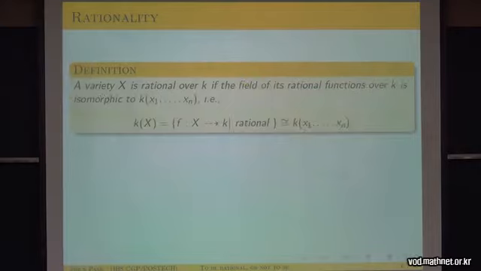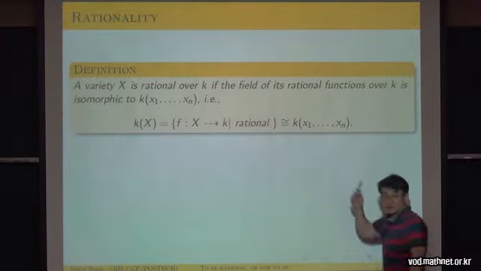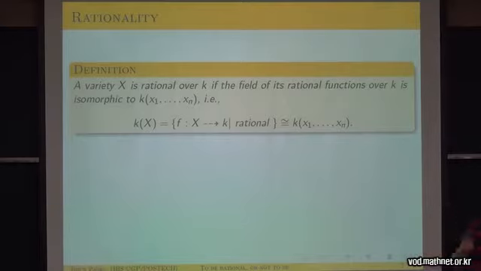Or you can define it the following way. X is rational over K if the field of its rational functions over K is isomorphic to the field of rational functions in n variables, which is the quotient field of the polynomial ring.